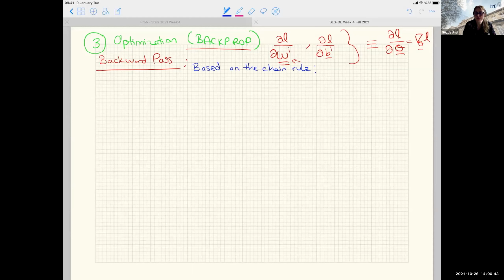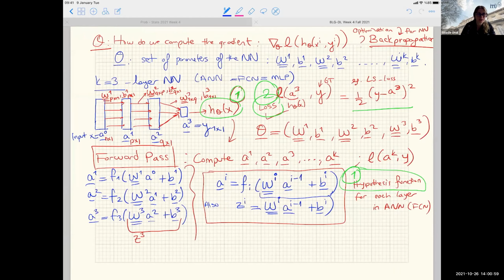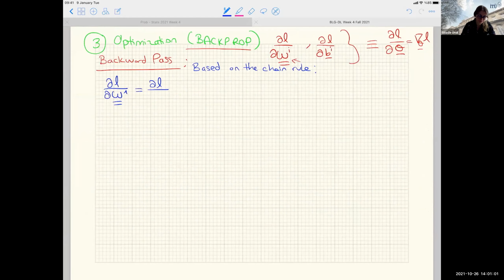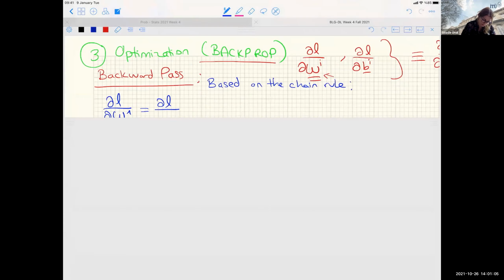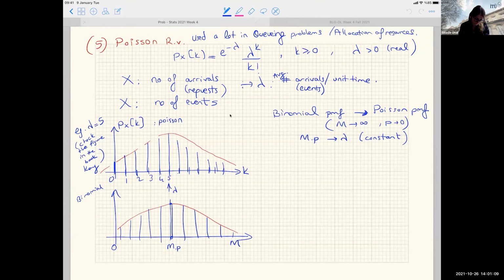We are after del L by, with respect to, let's take the derivative with respect to the first weights matrix. So, maybe actually I can do a network here.